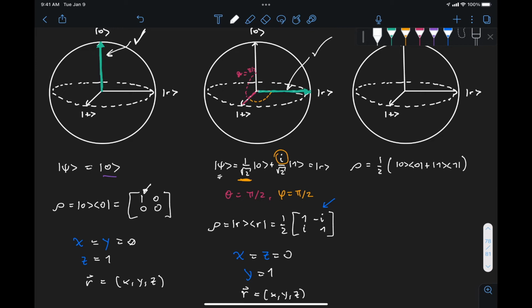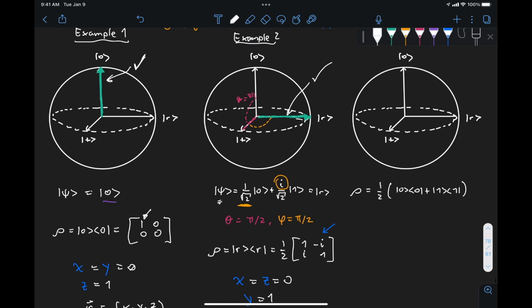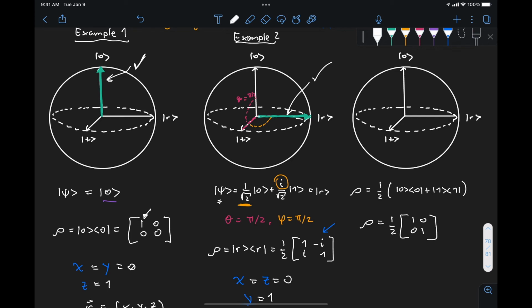All right, well, now let's take a look at this final example where now we don't have a pure state anymore, but we have a maximally mixed state of 0, 0, and 1, 1 with equal probability of occurrence of 1/2. So in this case, we're not going to look at the state vector representation, but just at the density matrix, right? If we write it in matrix form, that is 1/2 with diagonals of 1s and off-diagonals of 0.